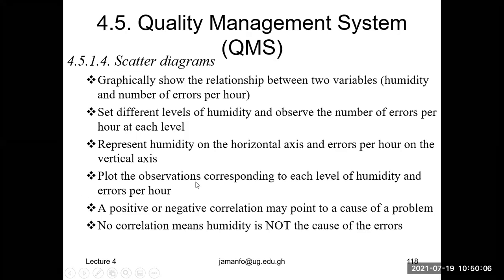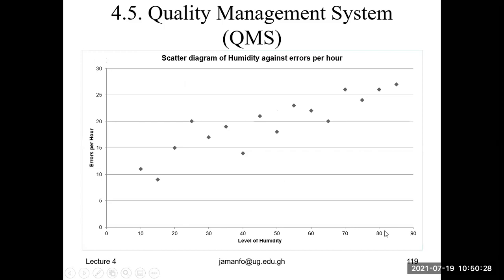We plot the observations corresponding to each level of humidity and errors per hour. And then we might find a positive or negative correlation between the two to point to a cause of the problem. No correlation means humidity is not the cause of the errors. So let's have a look at this.